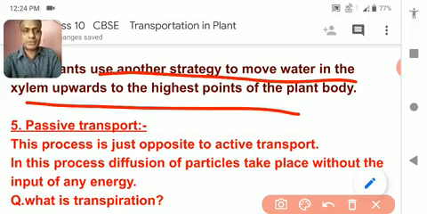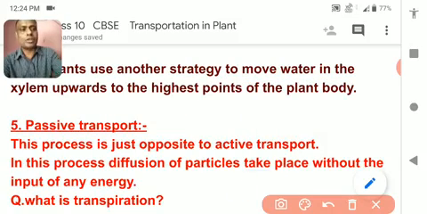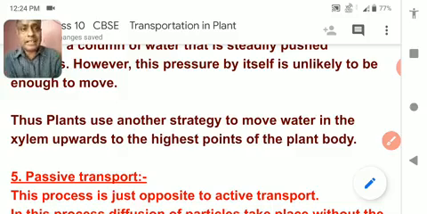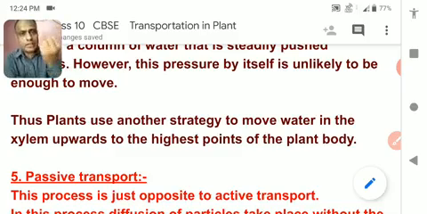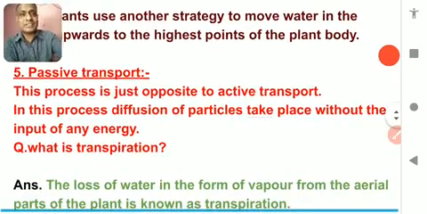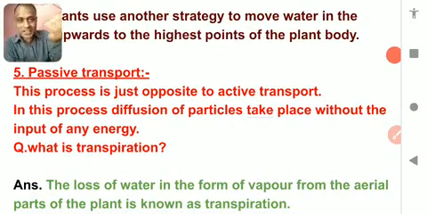I think you understood. So what is passive transport? You have already studied active transport, and you have seen that in active transport, energy is utilized to draw the minerals from outside, from the soil, into the root hair. But in the same process, you have seen water automatically moving.